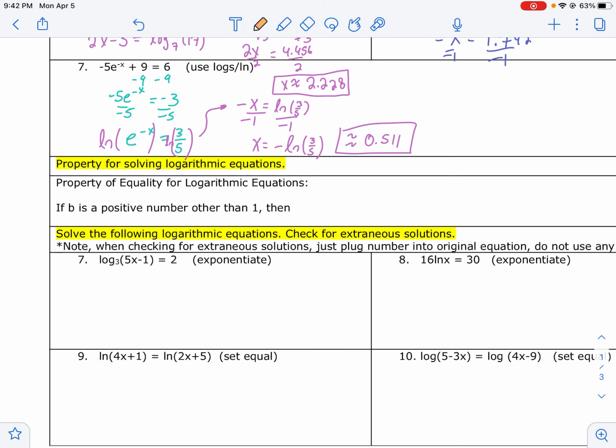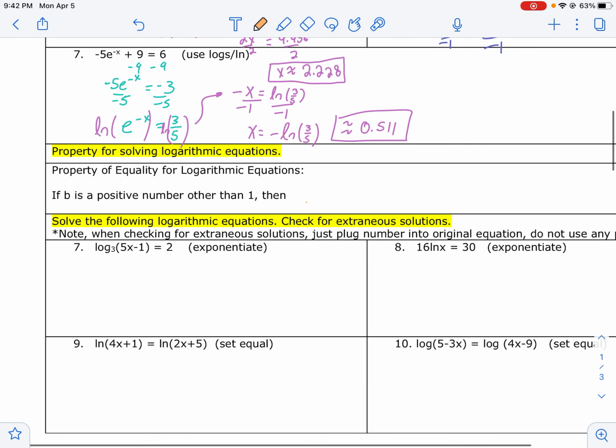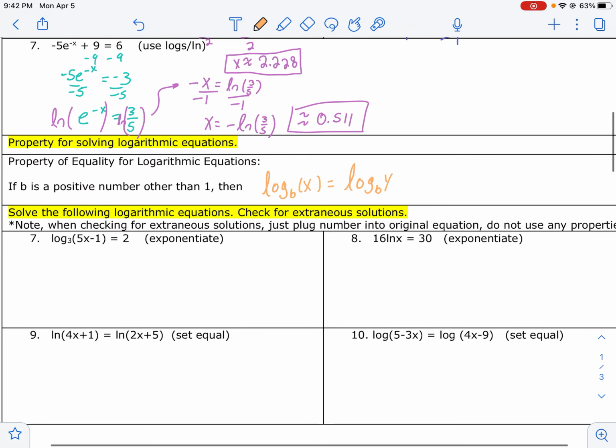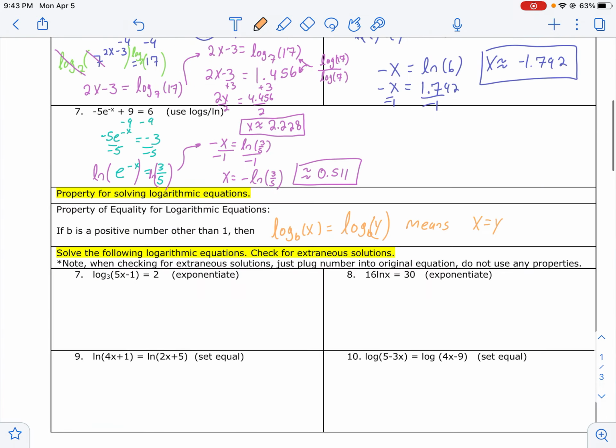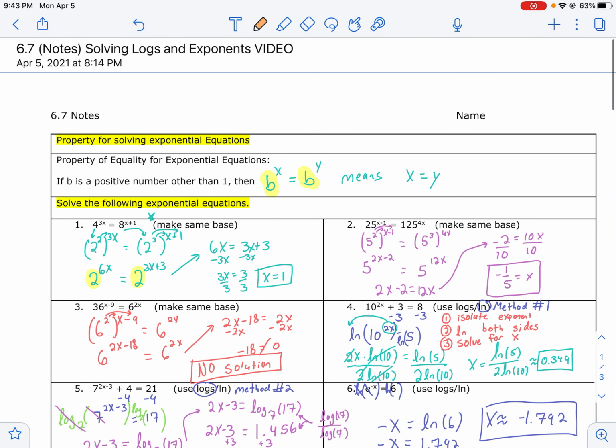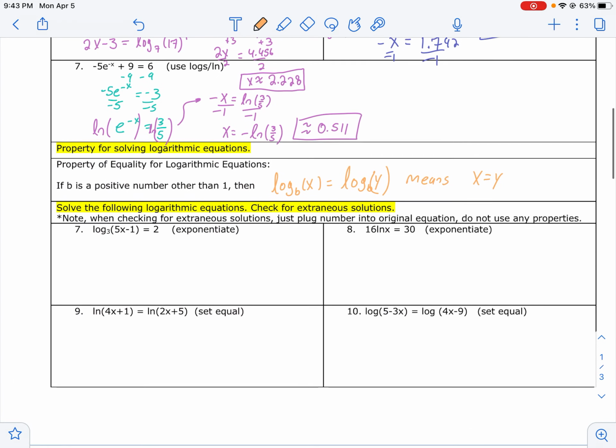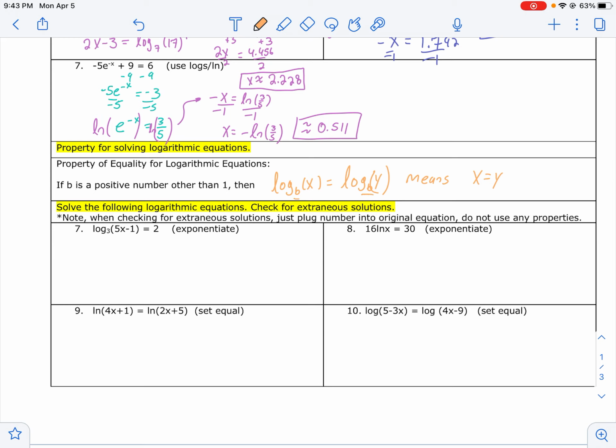If b is a positive number other than 1, then if you have the log base b of x is equal to the log base b of y, this means that x is equal to y. So that's just like our exponent equation, right? We said b raised to the x equals b raised to the y. Well, again, if the base of the log is the same, what's inside of the log has to also be equal.